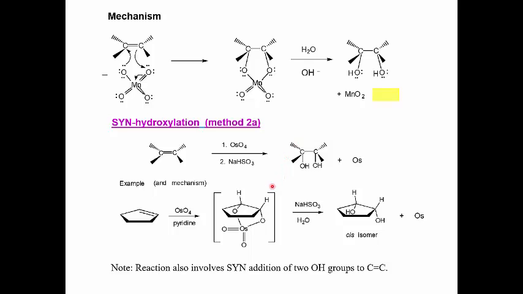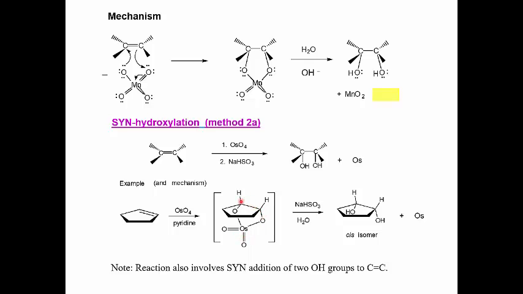Now this reaction as well involves the syn addition of the two OH groups. Mechanistically, how does this happen? Well, let me illustrate. The first reaction is addition. The osmium tetroxide clamps on to the alkene, both oxygens attaching from the same side of the double bond, producing a 5-membered ring.